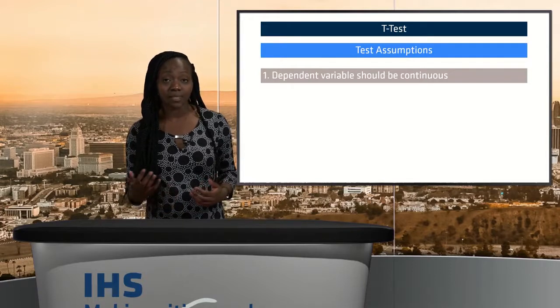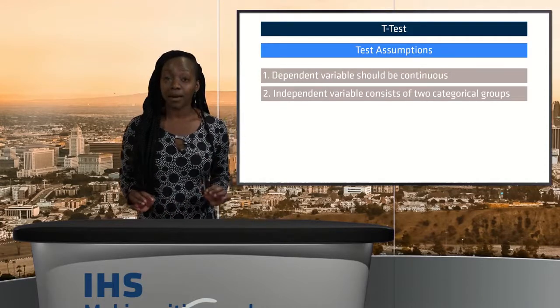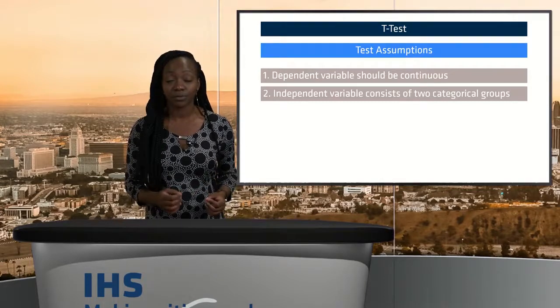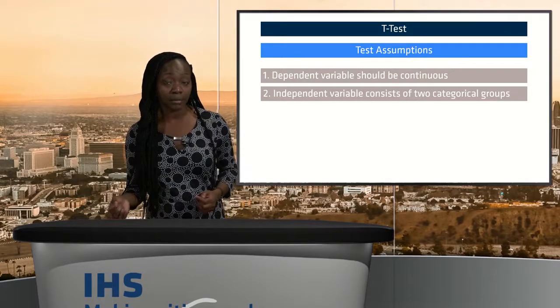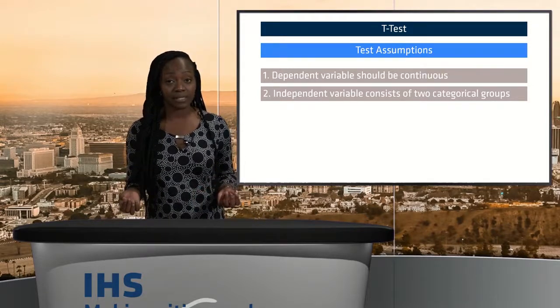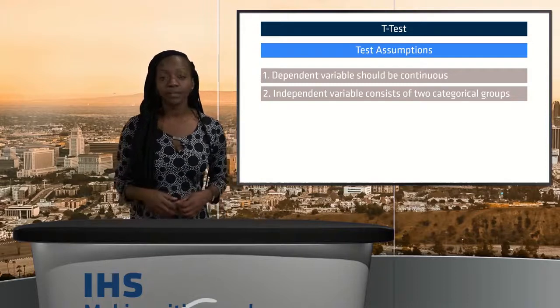That is, it is measured at the interval or ratio level. Secondly, the independent variable should consist of 2 categorical independent groups, for example, male or female, employed or unemployed, city A or city B, native or foreigner, and so on.